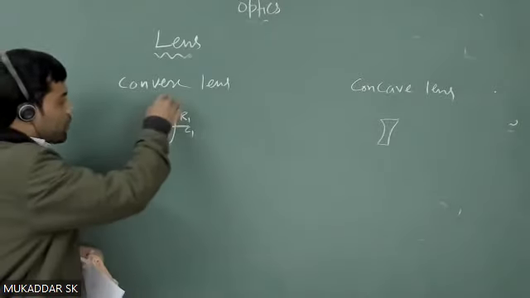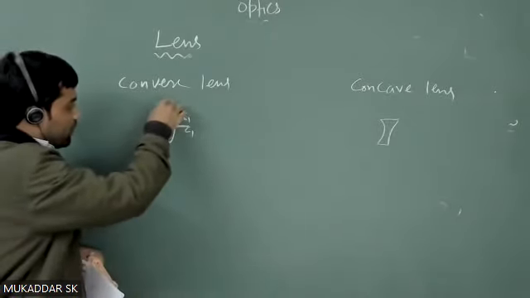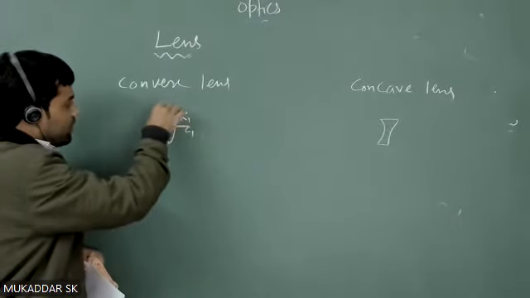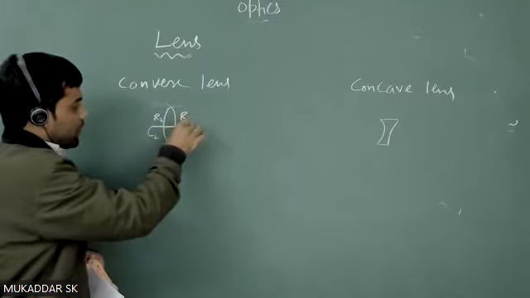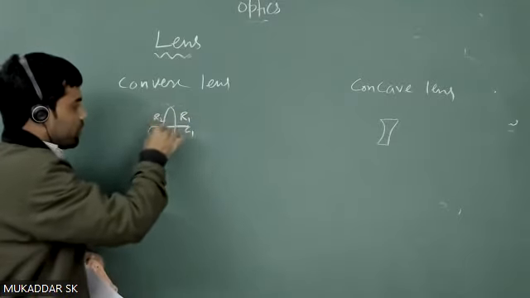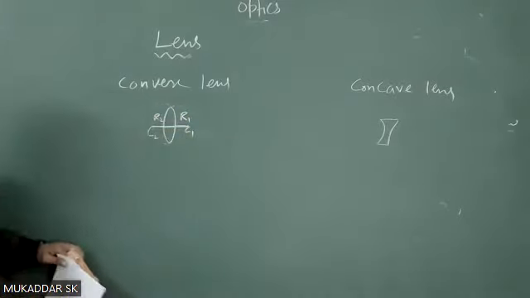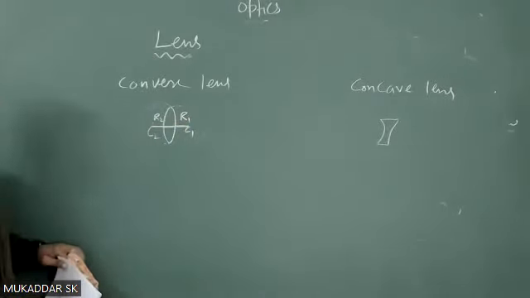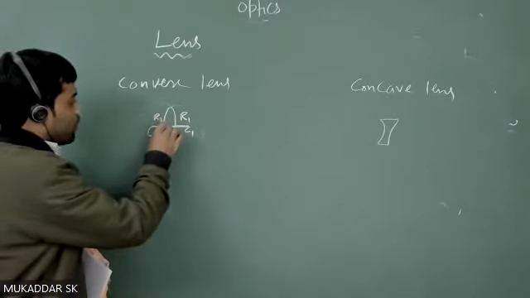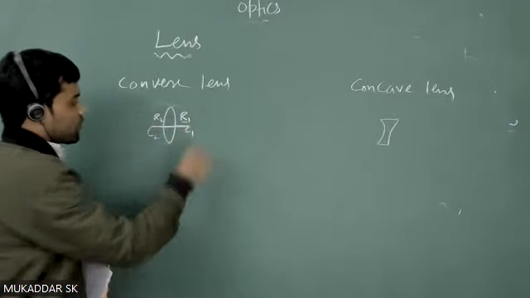So for a convex lens, I can clearly see there are two surfaces, and each surface is made up of a sphere. The center of the sphere will be the center of curvature of the surface. For each surface you will have a center of curvature, and the distance from the pole to the center will be the radius of curvature.